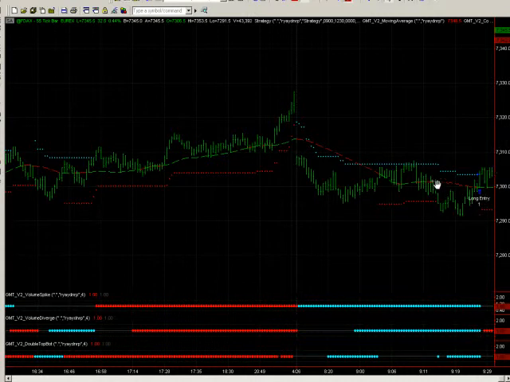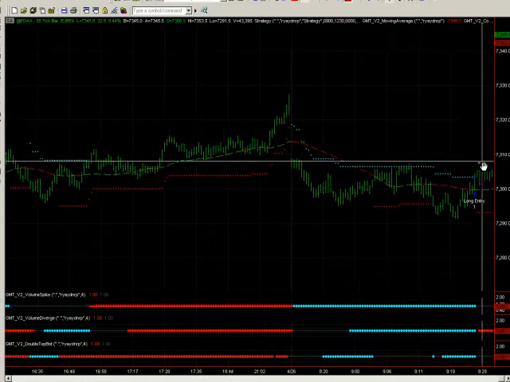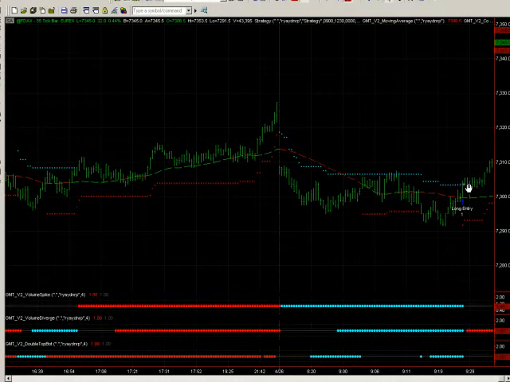Now, crossing the key level at 73, also crossing our dynamic trend line here, tells us that we have a lot of things going for us in relation to the entry.